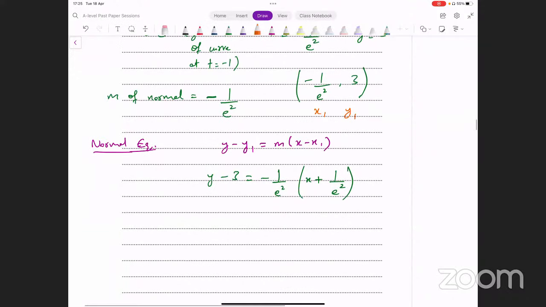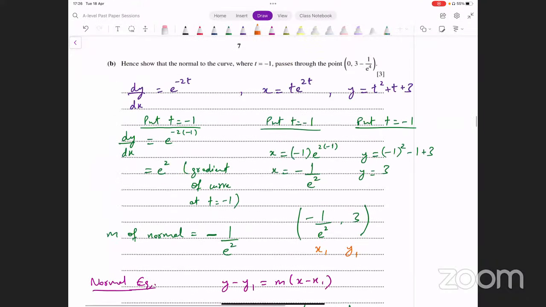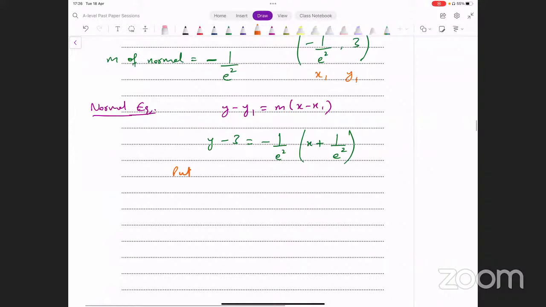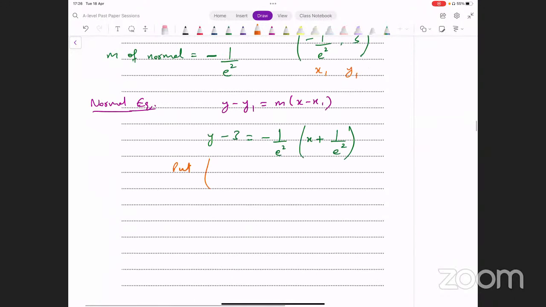That point is 0 and 3 minus 1 over e raised to power 4. आप इसको simplify करने के बाद भी कर सकते हैं. I'm just thinking, but that might be slightly easier, or maybe not. Let's just input that directly. 0 and 3 minus 1 over e raised to power 4. You have to input this point.